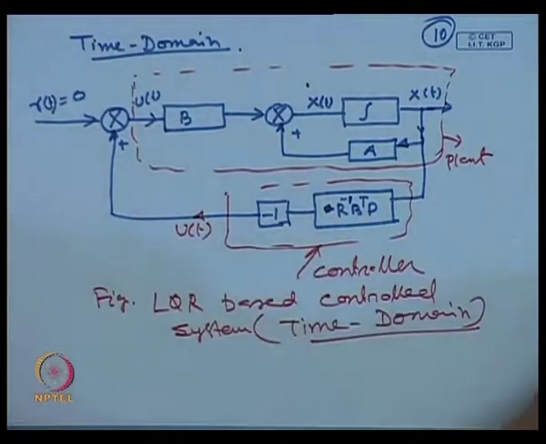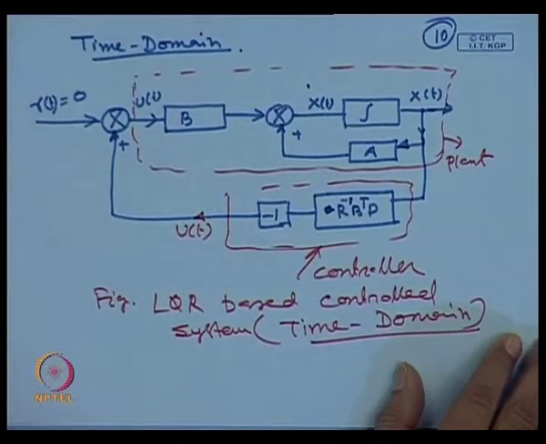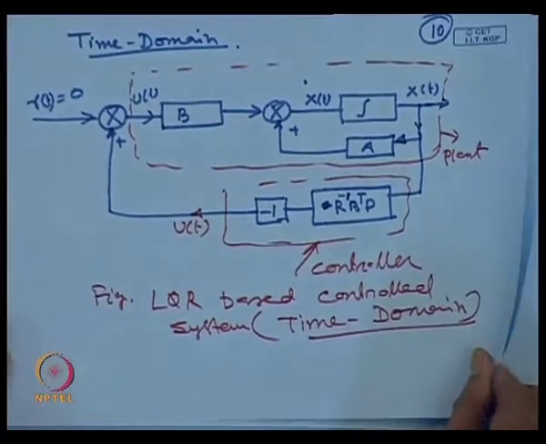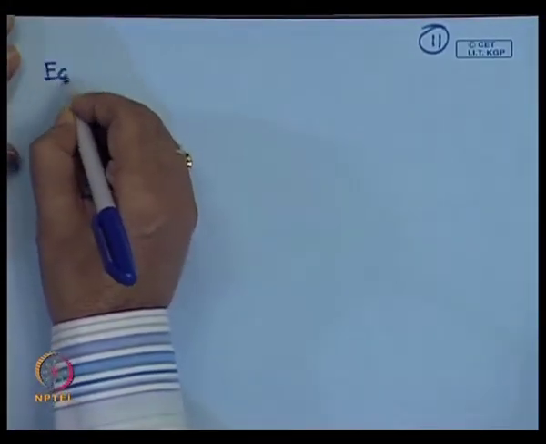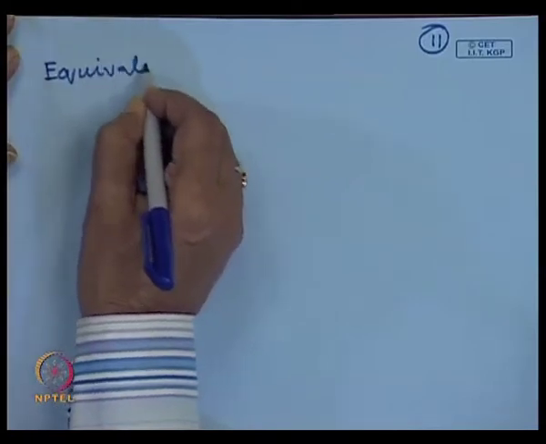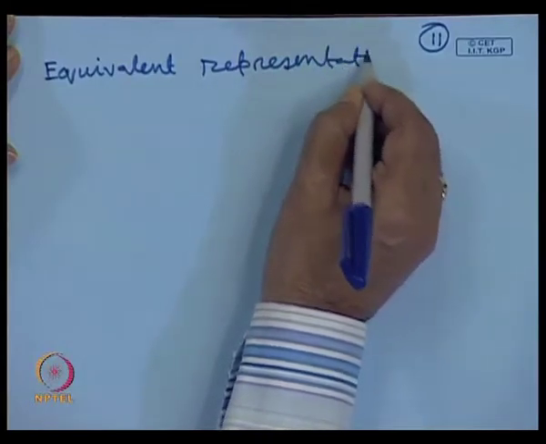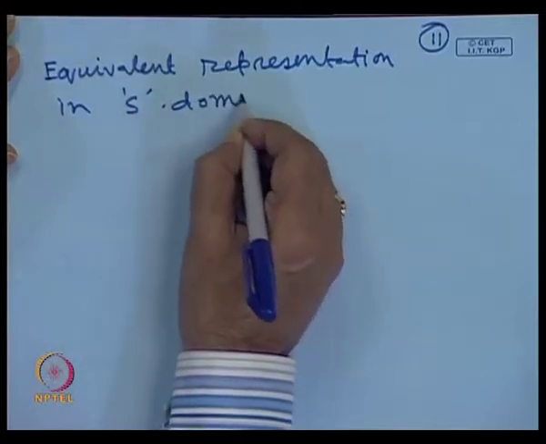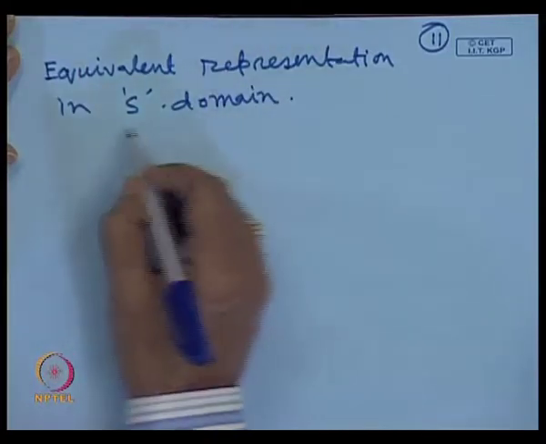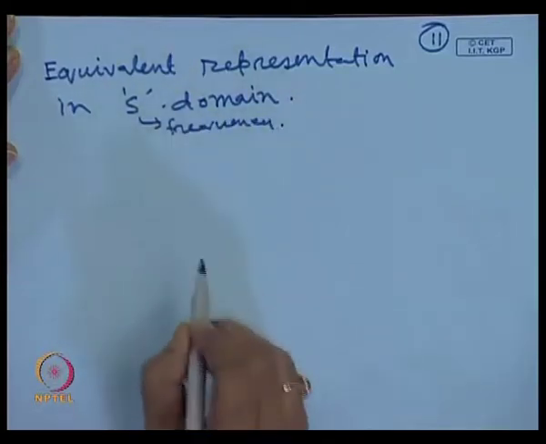Now, let us see the frequency domain representation of that LQR control system. Agree? The equivalent representation in the S domain, or frequency domain.